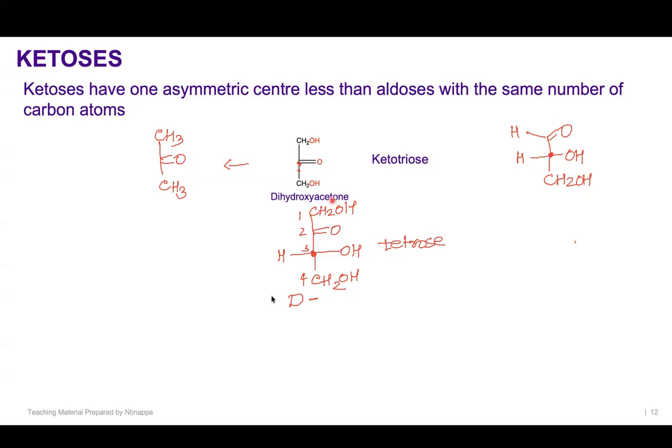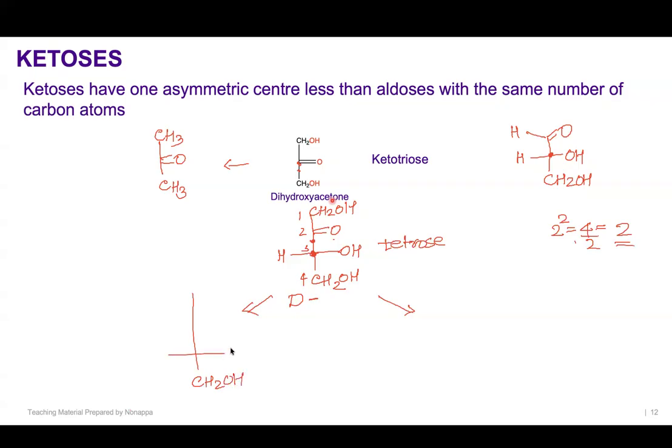Now, if we increase one more carbon, we are writing pentoses. The next carbon center should come here. That fulfills the definition of a D sugar because this hydroxyl will always remain on the right side, and then there is the newly formed center. Now we have 2 chiral centers, 2 raised to 2, that means 4 possible isomers, but we can only have D sugars, so we will have 2 isomers. What will the 2 isomers look like?